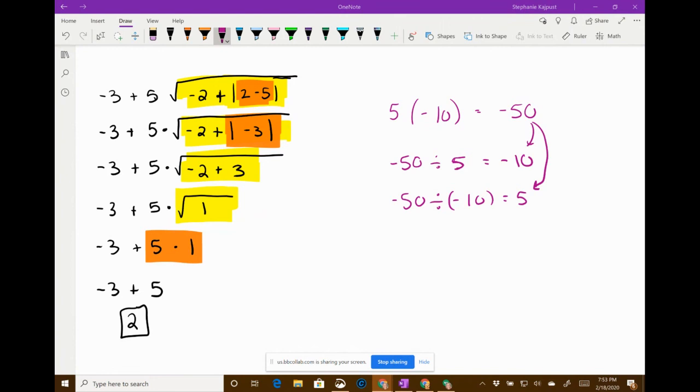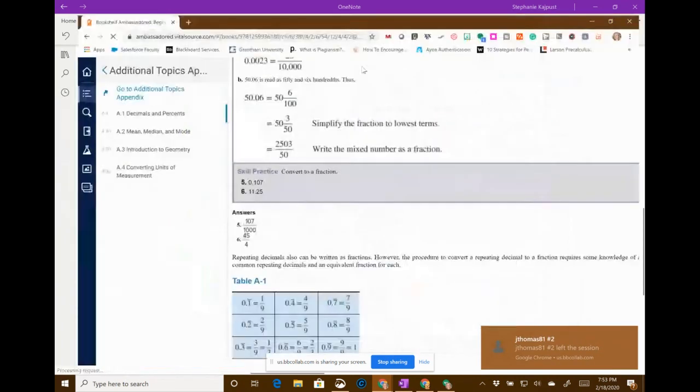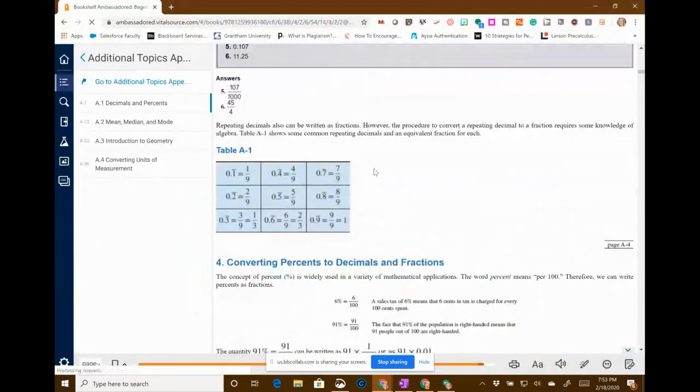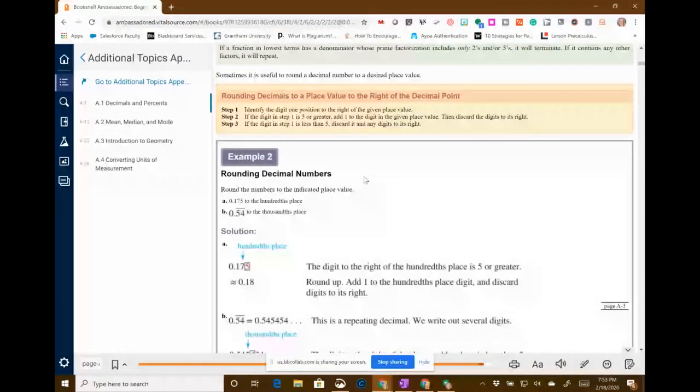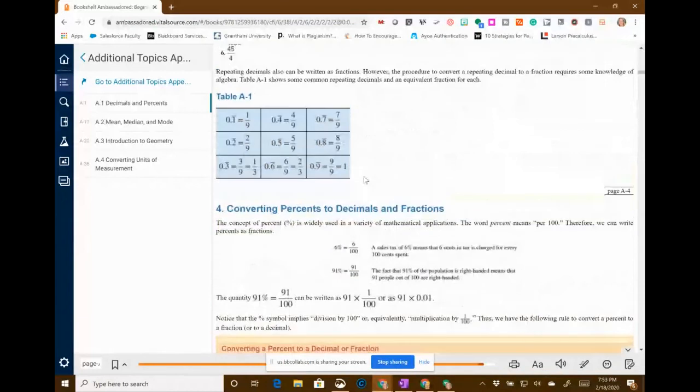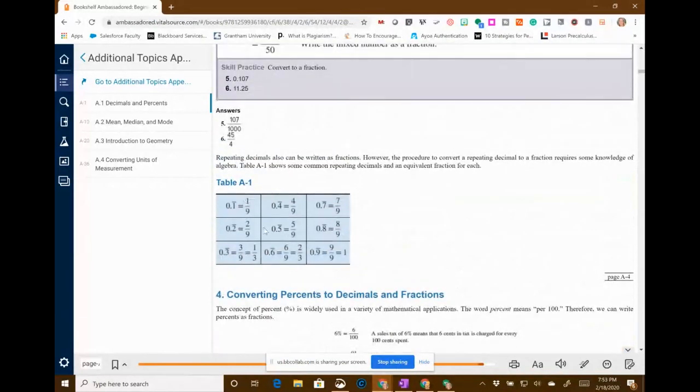Okay, let me find table A1. Okay, I'm going to pull that over here. Sometimes this book moves on me. There we go. Okay, this table is giving some common repeating decimals.